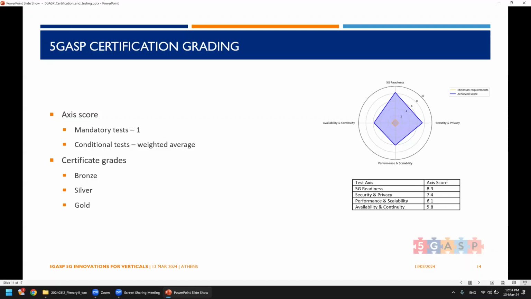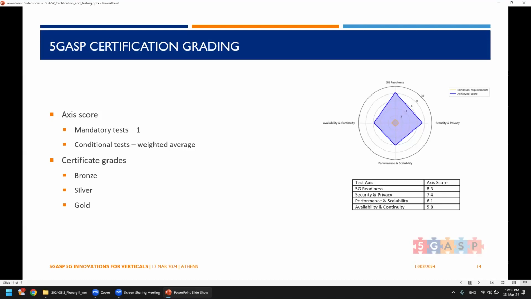So when it comes to testing, you can see the spider diagram on the right side of the screen, supplemented by the table that has the specific score per axis. I'm not sure that this is quite distinguishable, but they have some numbers towards 10, as it seems from the chart. The certificate grades could be awarded as well. So we start with the bronze certificate.